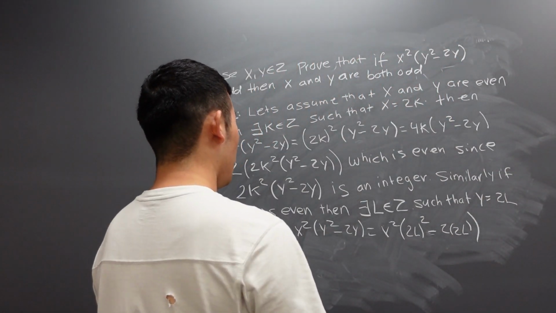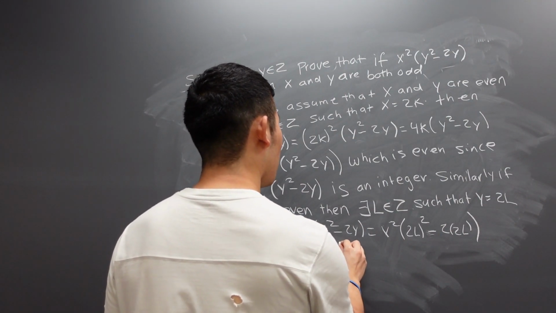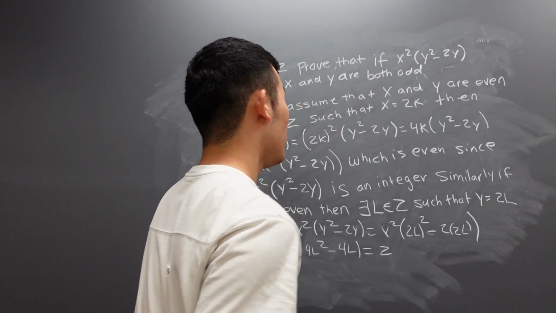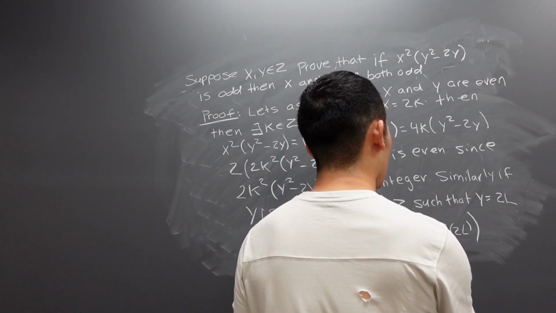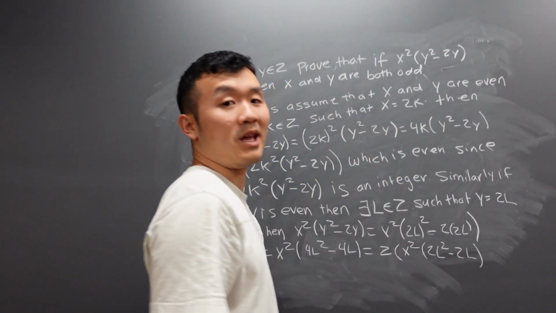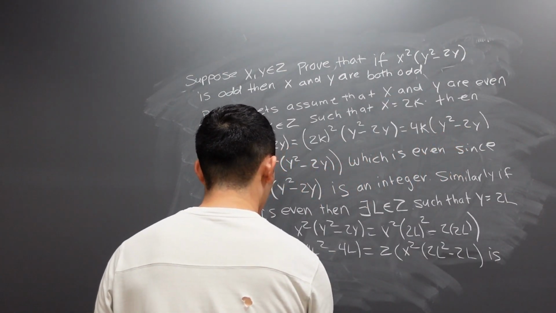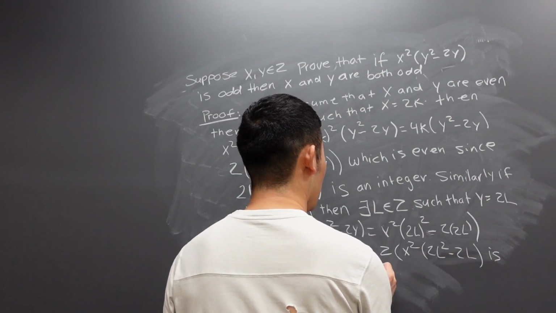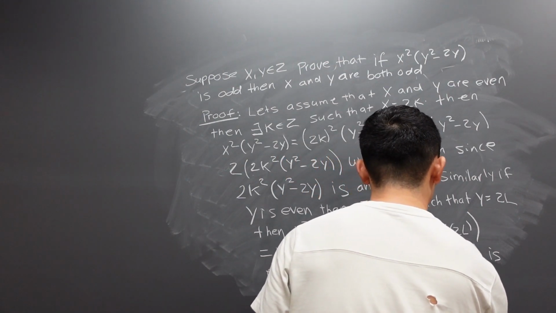Which is then equal to 2 times x squared times 2L squared minus 2L, which in this case is even, since x squared times 2L squared minus 2L is an integer.